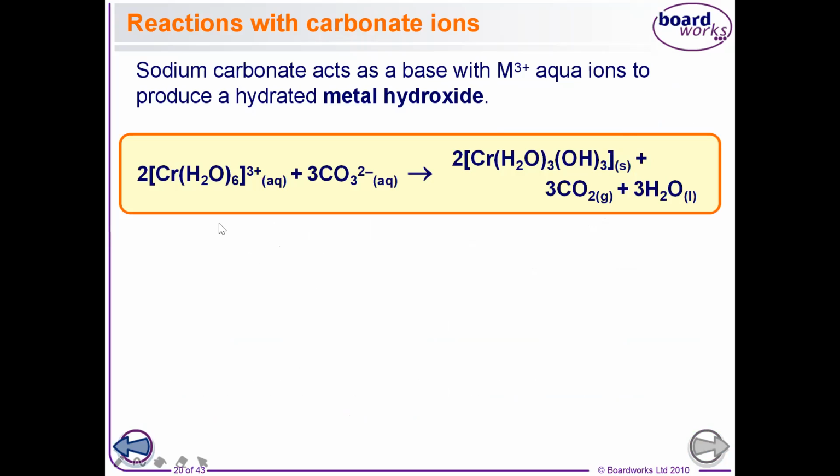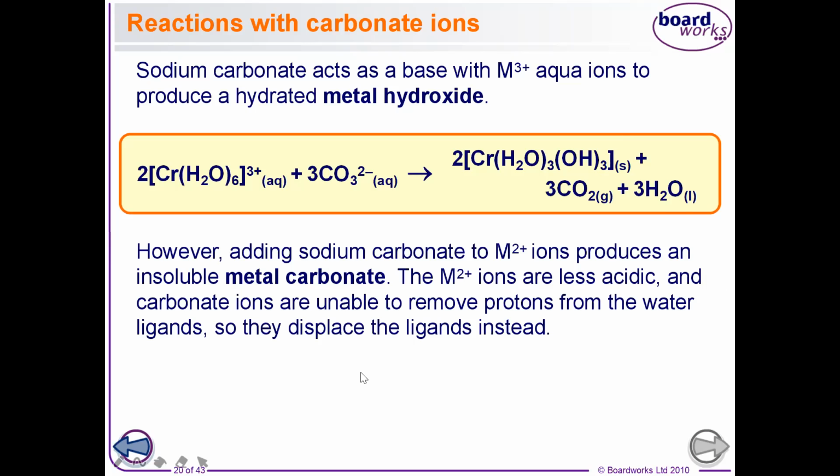For example, a chromium aqua complex combined with a carbonate will produce hydrated chromium hydroxide, carbon dioxide, and water as other products.